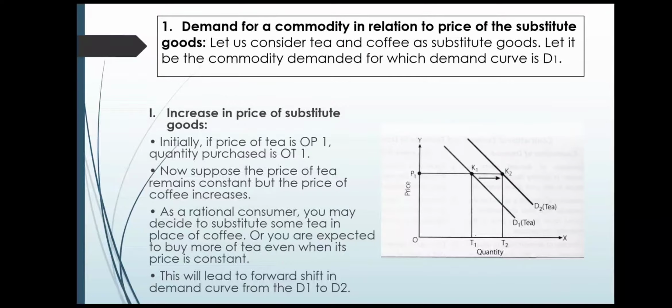If the price of tea remains the same and, due to other factors, the price of coffee increases, then there will be a favorable change in the demand for tea. More and more people will be demanding tea now, and as a result the demand curve will shift from D1 to D2.